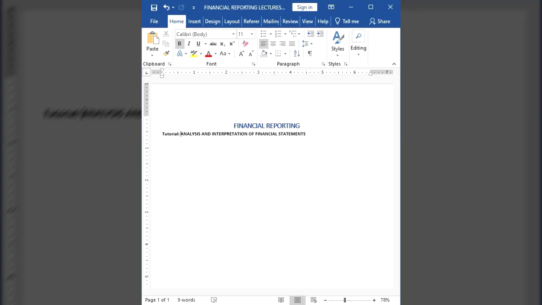But then there is no single definition of what financial statement analysis is. But we can just say in a nutshell that financial statement analysis means that we understand the risk and uncertainty of a firm by analyzing the financial information reported by that firm using different accounting techniques.